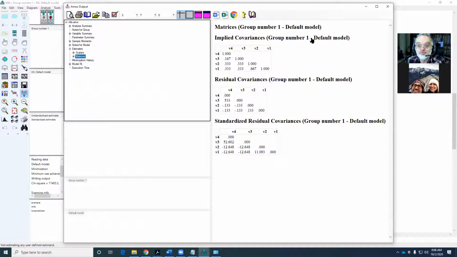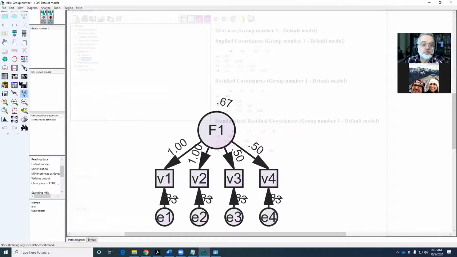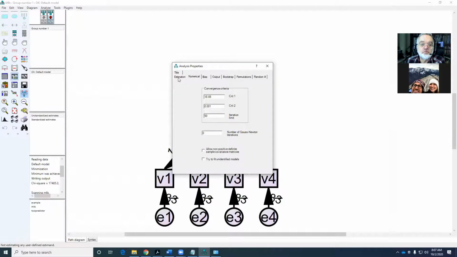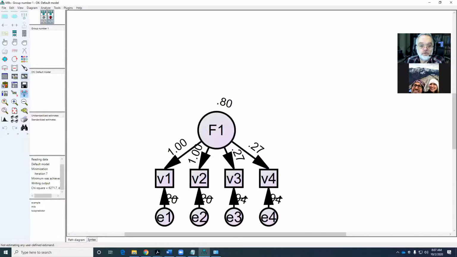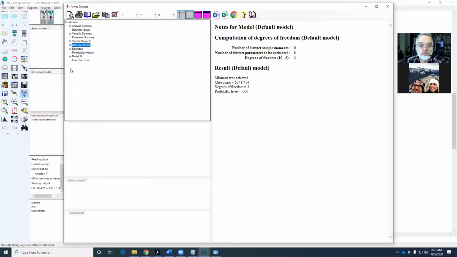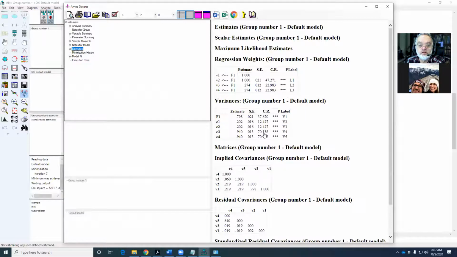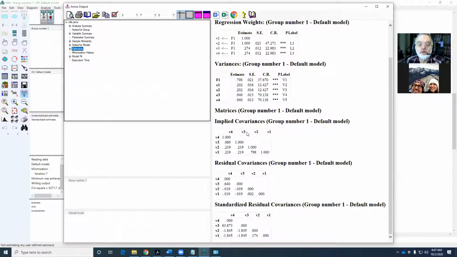If I want to go back to the analysis properties and say, now I want to do a maximum likelihood estimate, I click this button, and I can re-hit the run model, and I can look at the estimates in my model, at which point my implied covariance is now 0.8 here. This is a correlation between 1 and 2. And I don't do that great of a job analyzing the other correlations.